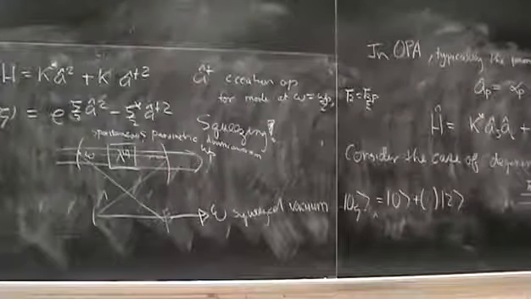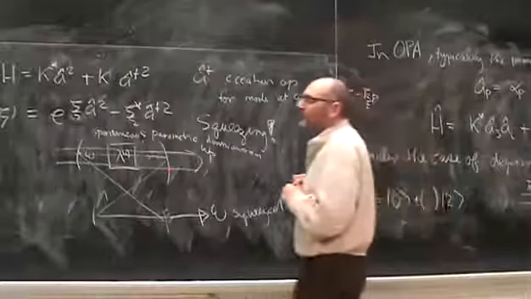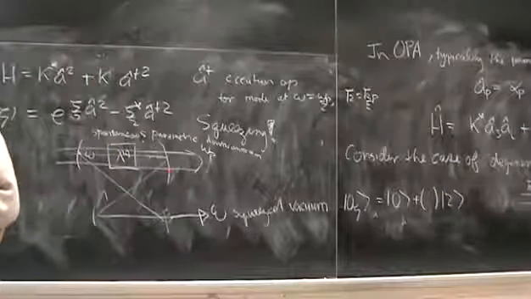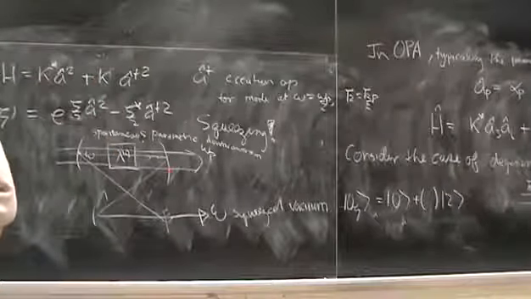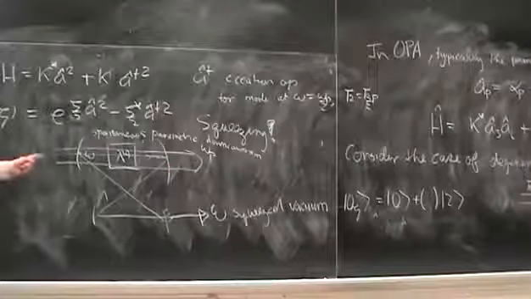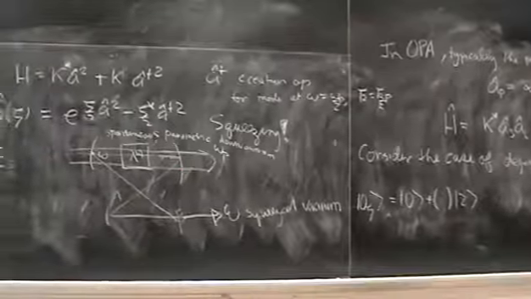special angle? Yes, indeed. So, what determines the quadrature along which we are squeezed? Well, what determines that is the phase of the pump. This is a complex parameter zeta.